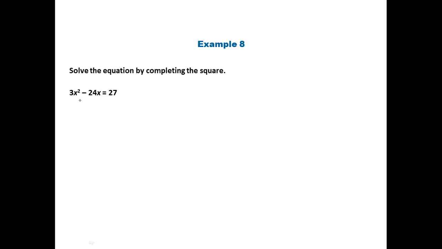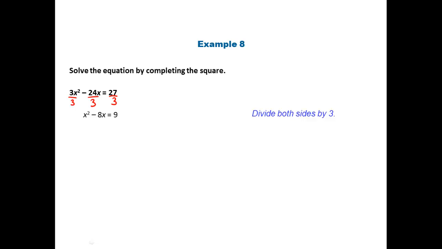So what we do, whatever it is, we divide everything by that number. In this case, it works out very nicely because each of the terms divides by 3. So 24 over 3 changes to 8, 27 changes to 9. So just divide everything by 3.